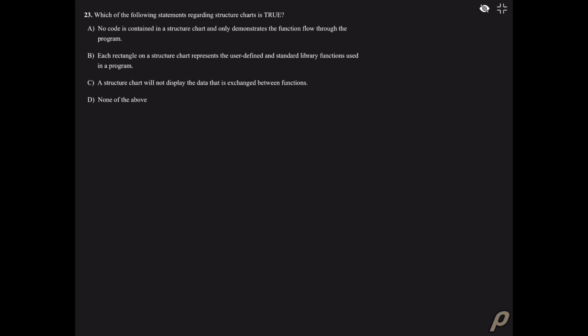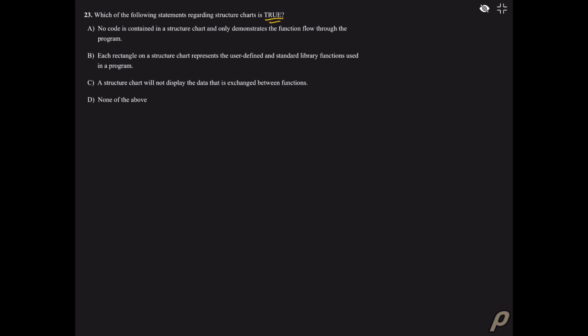All right, question 23, almost there to the end. Question 23 asks us which of the following statements regarding structure charts is true. Structure charts, what in the world? Okay, which one is true?